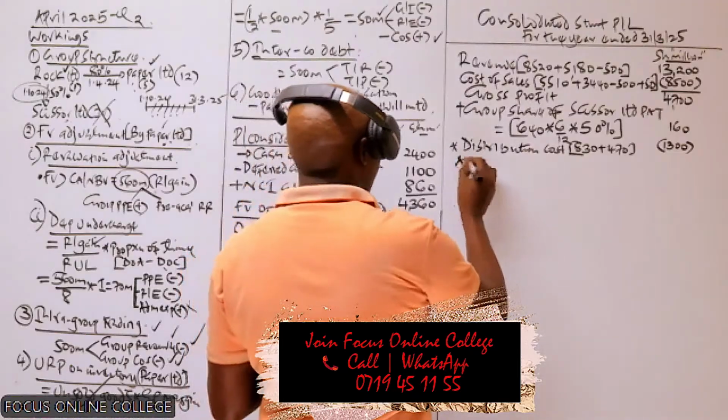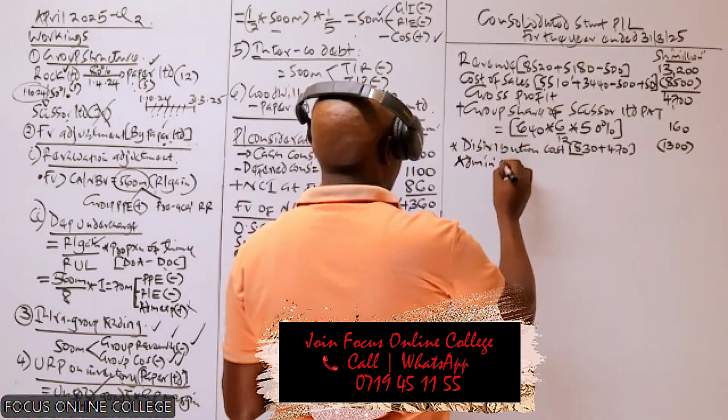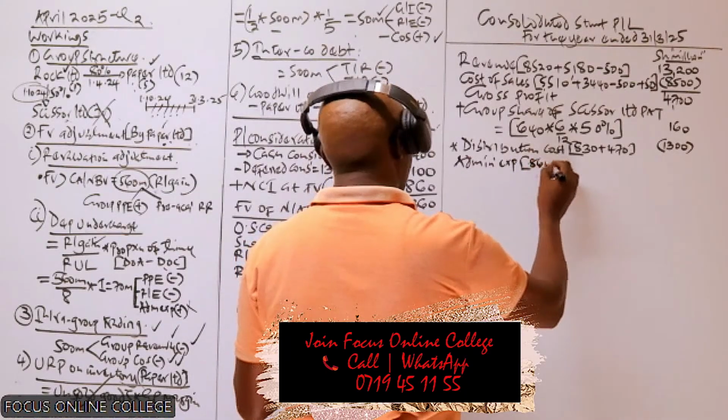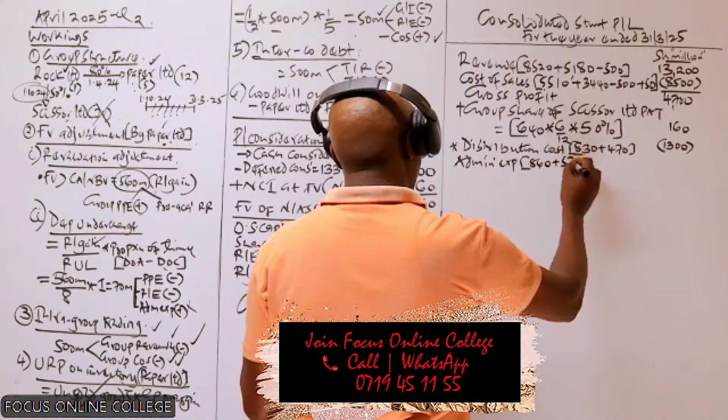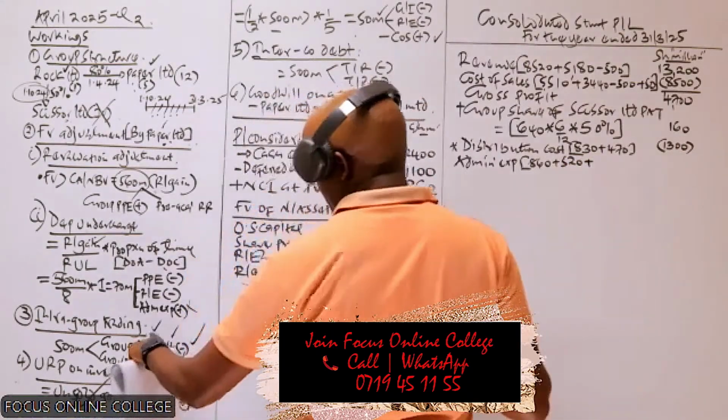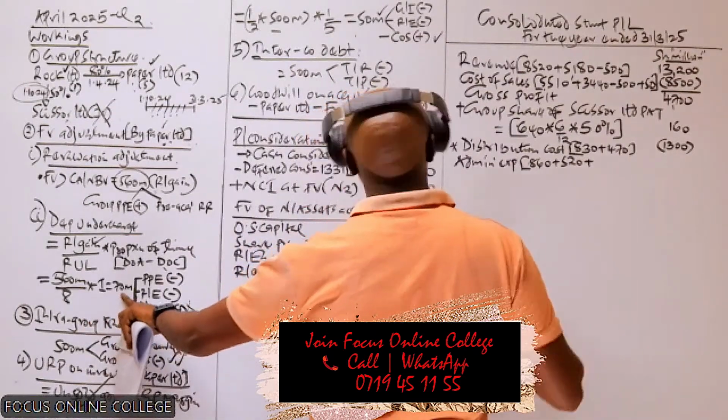So then below that, we have the administrative expenses. We take that of the parent, 860, plus that of the subsidiary, 520. And then to this one, we have to add this depreciation charge of 70.